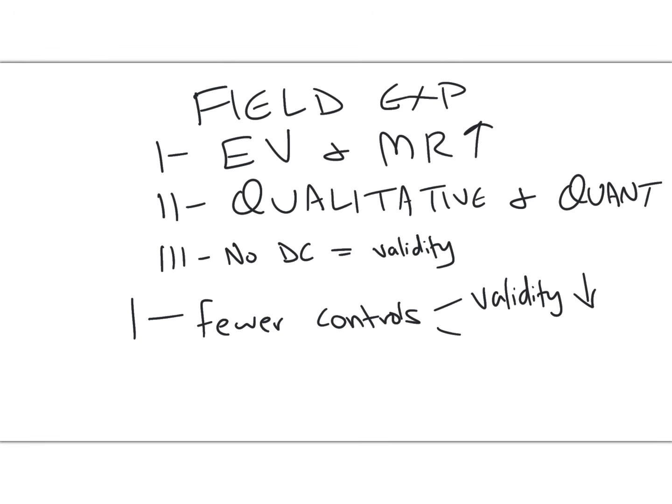And at the same time, because you have fewer controls compared to a lab, it is less standardized than a lab experiment, more difficult to repeat the study in the same standardized way, so more difficult to test for reliability. Now, this does not mean that reliability or validity is a weakness of field experiments. It depends on the nature of the procedure. If you have controls like Piliavin, even though it's a field experiment, it did have many controls.